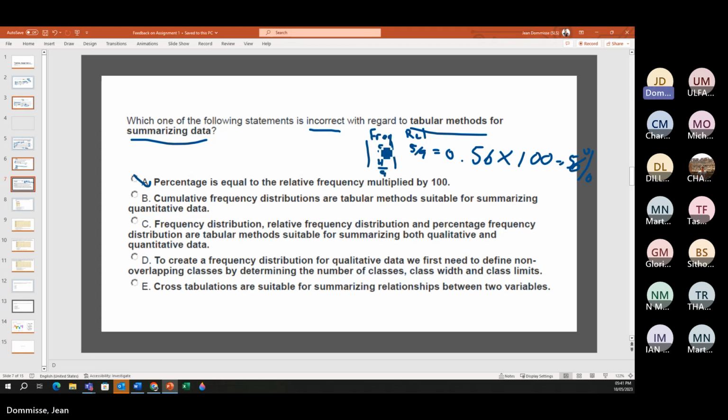Frequency tables are great for that, but cumulative frequency is even better because then we can add and say how many will be up until certain points. So cumulative frequency distributions are suitable for summarizing quantitative data. They're not asking if it's the best method, because everybody will differ on that, but it is a suitable method to use.